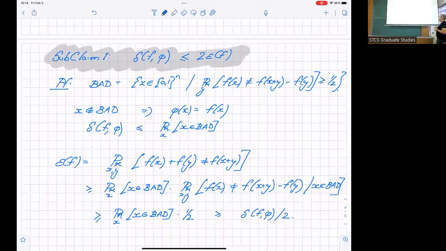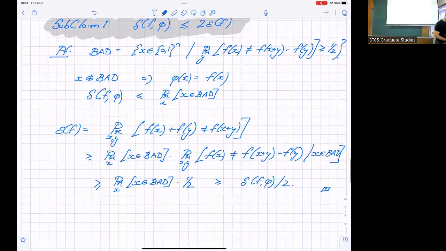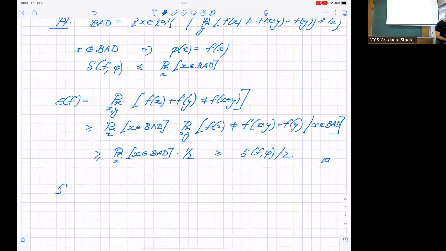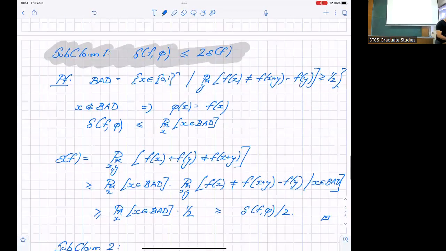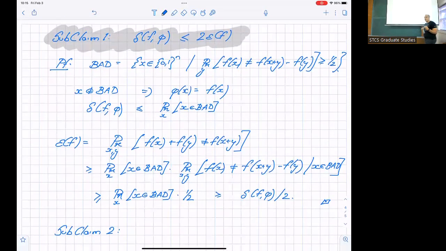This step is a very standard step in most of these fields. The claim that is the most interesting of the claims is the following claim. Claim 2. So how did we define phi? We defined it as the most popular value, or in this case, the majority value.